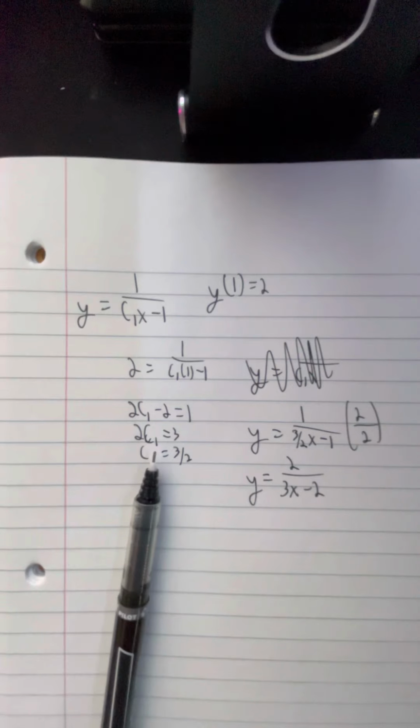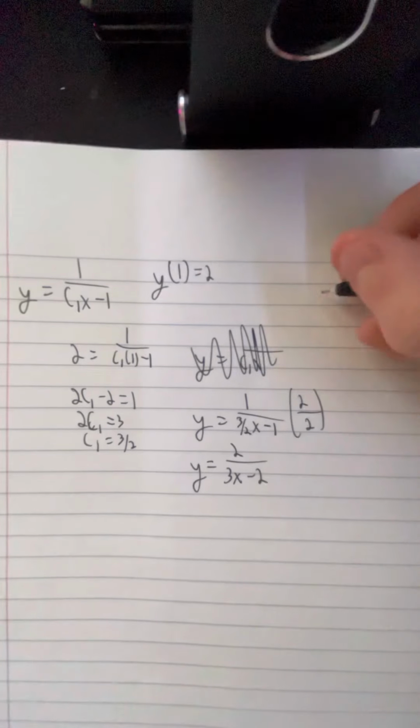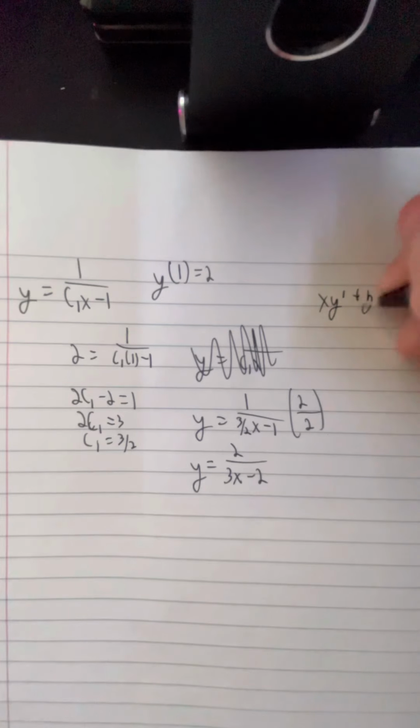We can quickly check that those are the same by going onto the direction field website. We will type in our original differential equation, which was x y prime plus y squared equals 0.